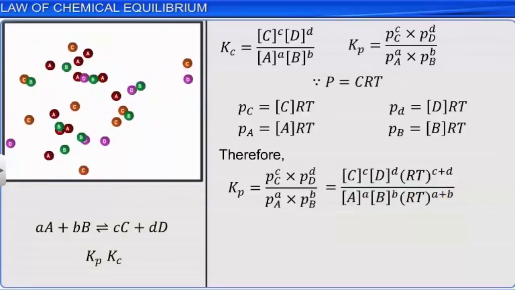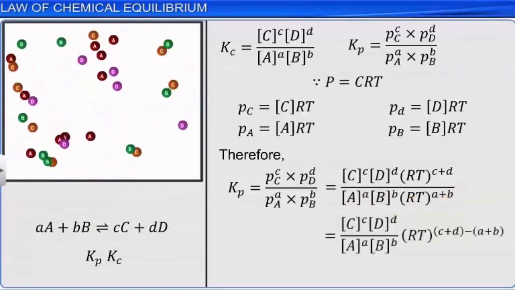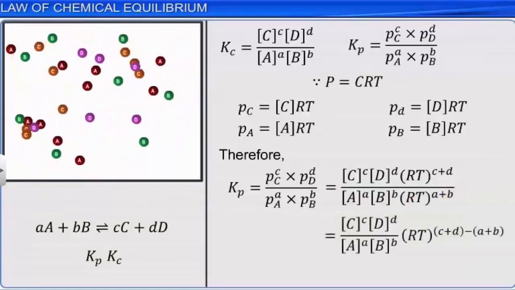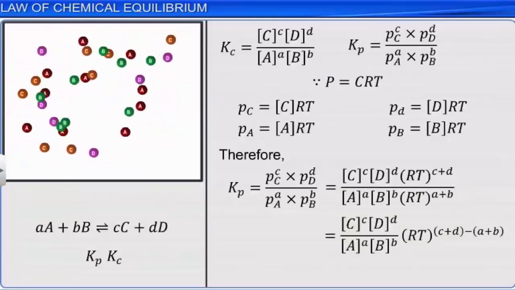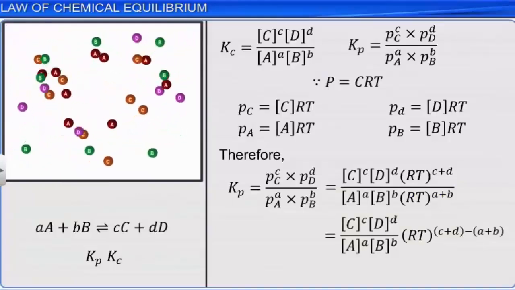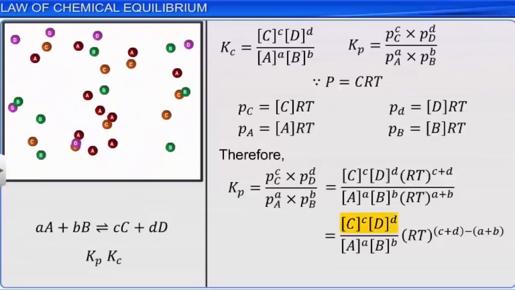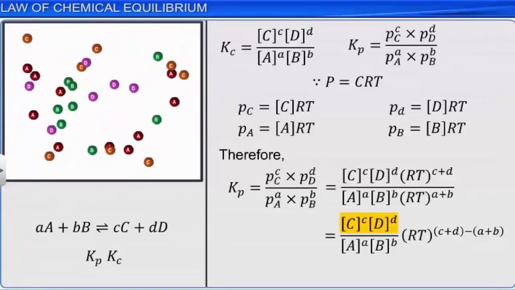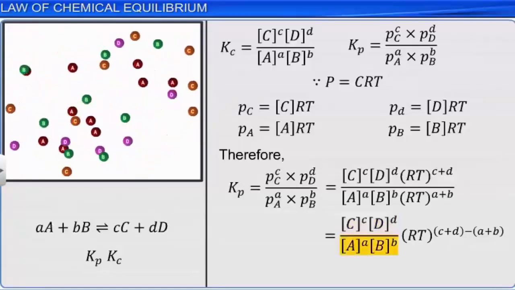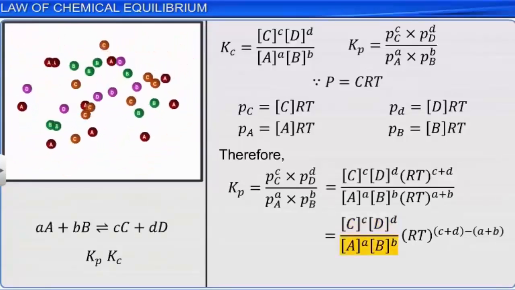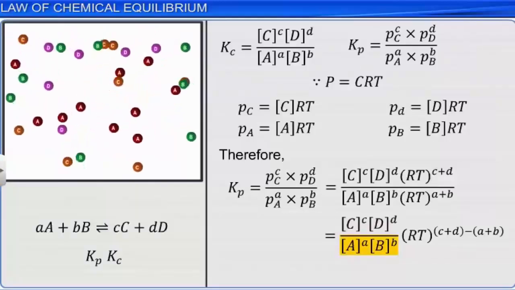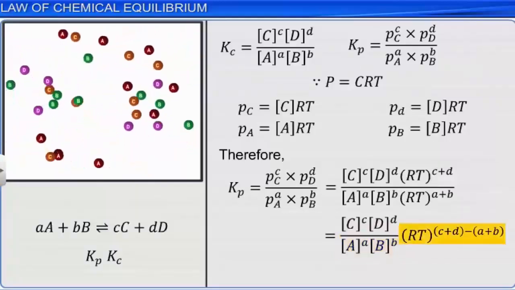This can be written as the product of the concentration of the products, [C] raised to the power of c and [D] raised to the power of d, divided by the product of the concentration of [A] raised to the power of a and [B] raised to the power of b, multiplied by RT raised to the power of the sum of c and d minus the sum of a and b.